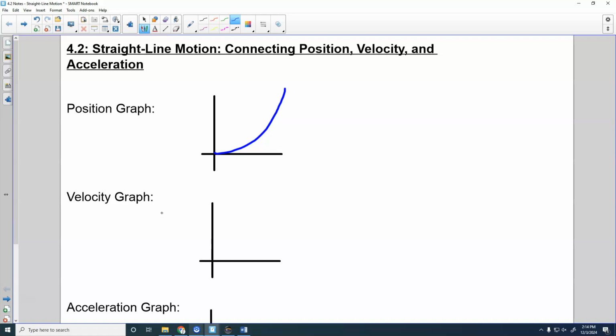It should be concave down, the increasing position. I think we're okay here. There's a chance my position is not perfect on this one. I should have thought about it a little bit more.